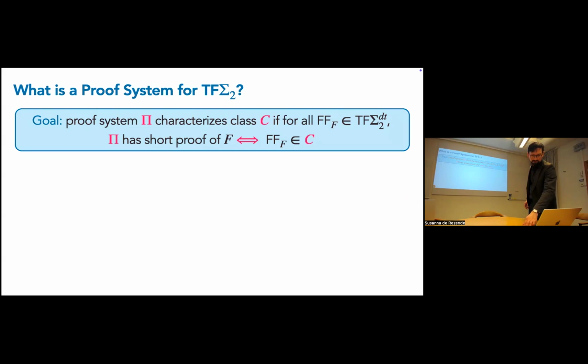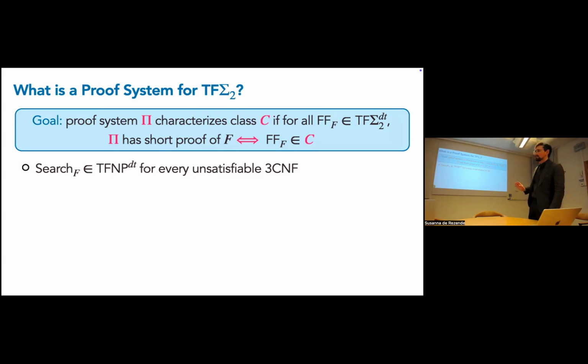Okay. So we can't just use standard propositional proof systems. And the reason is that the false clause search problem is in TFNP for every unsatisfiable 3CNF formula. And there are TF sigma 2 classes which contain all of TFNP.